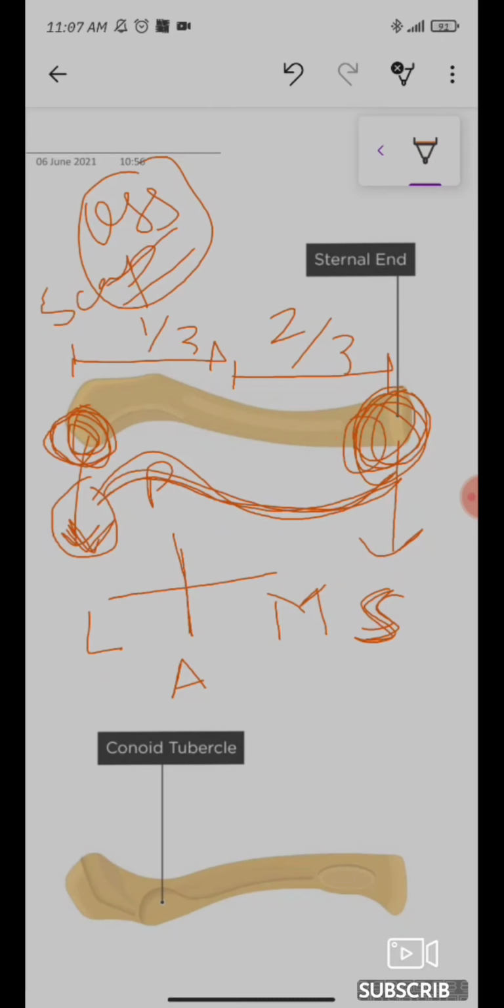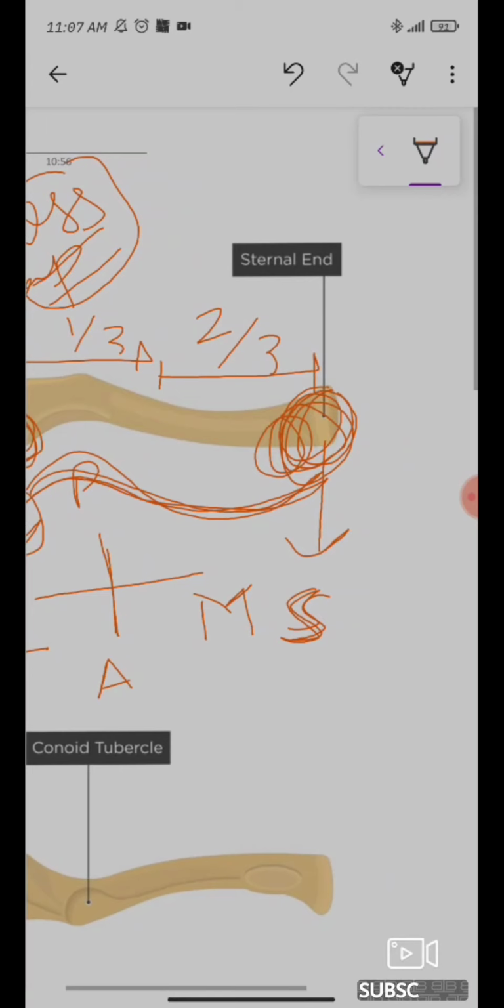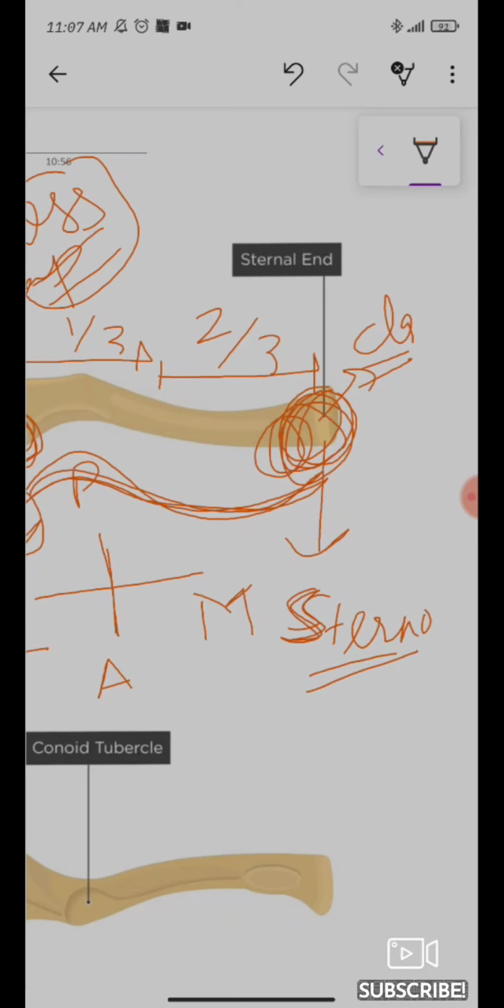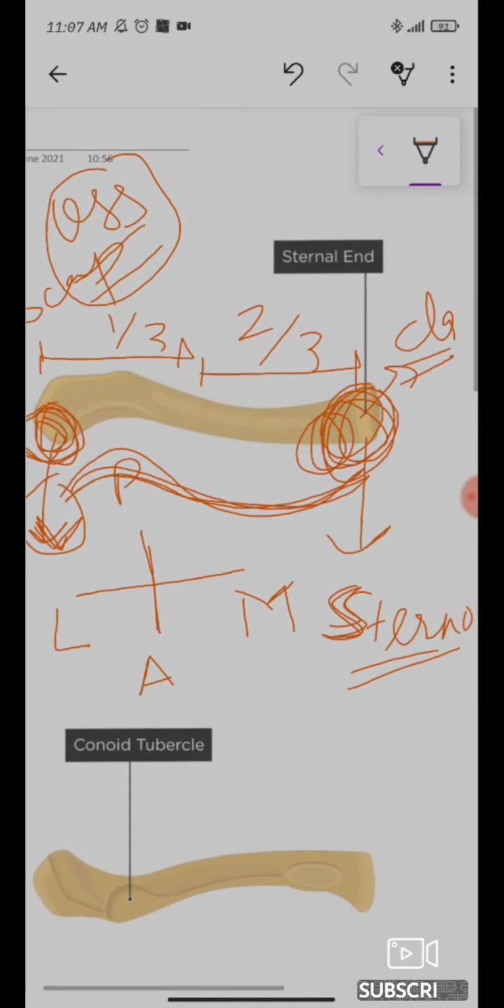Why are we saying sternal end? Because it articulates with the clavicular notch of the sternum, or we can say manubrium sterni, to form sternoclavicular joint. Okay, we have talked about this.